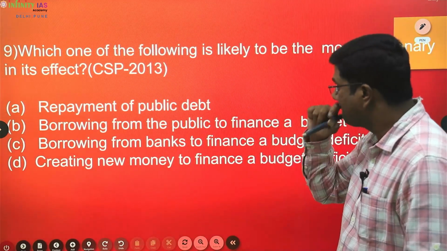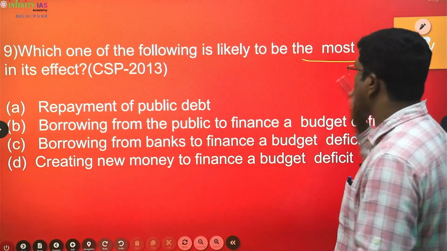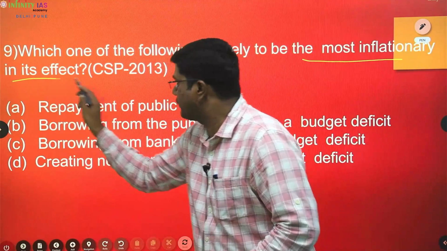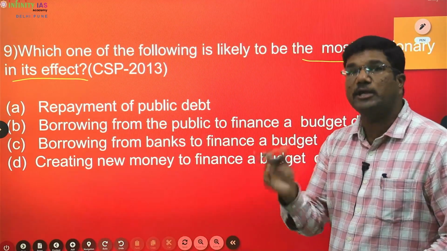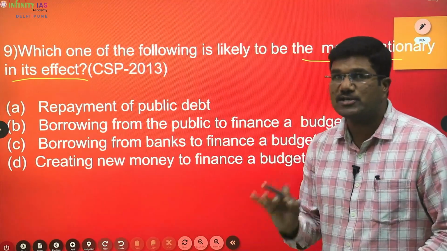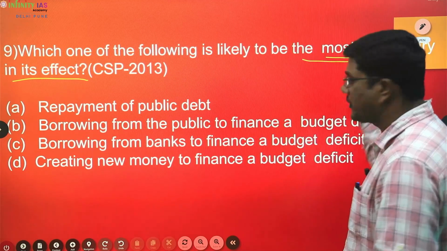Question number 9. Which one of the following is likely to be the most inflationary in its effect? In such questions two options might be inflationary, but you should read the question very carefully: the most inflationary.